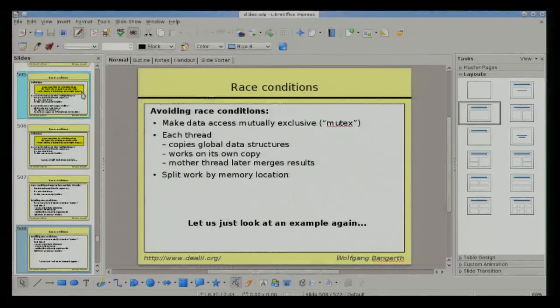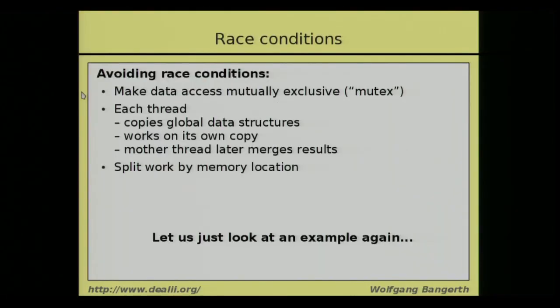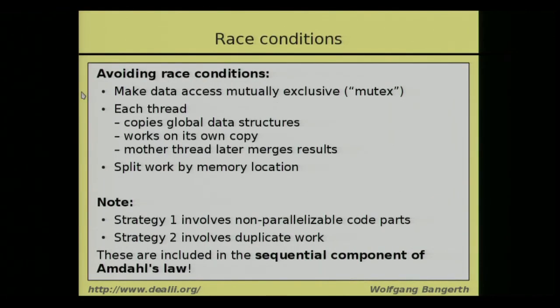So this is always a trade-off, right? You can typically solve a problem by throwing more memory at it or more CPU time. So more memory would be the duplication, more CPU time would be the mutex. It's a trade-off which one of these two you want to use. Okay, so let me move on here.